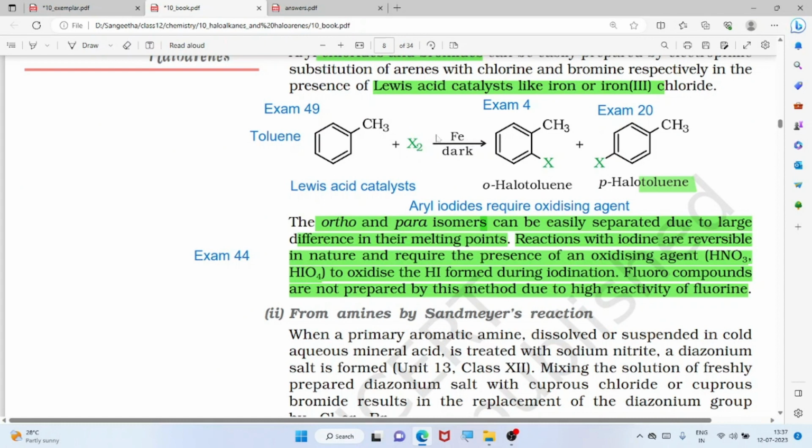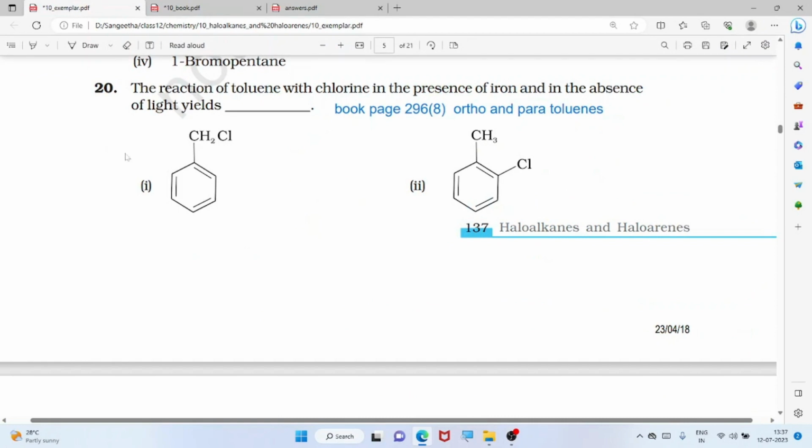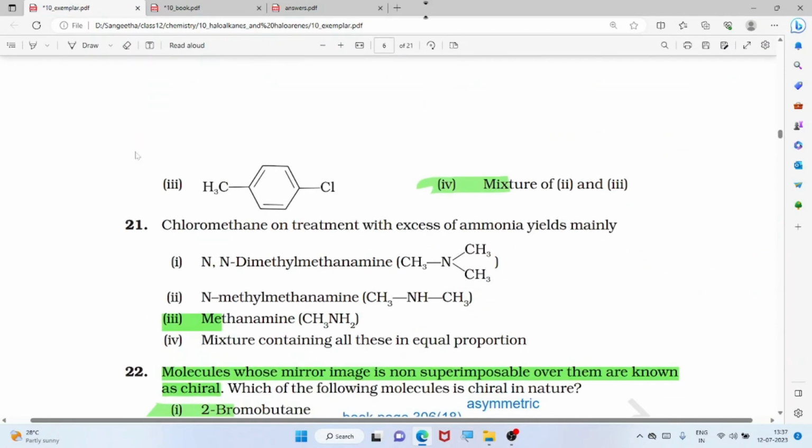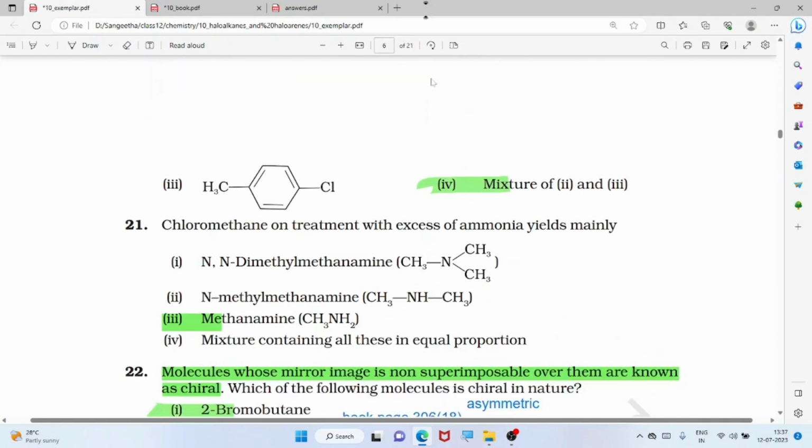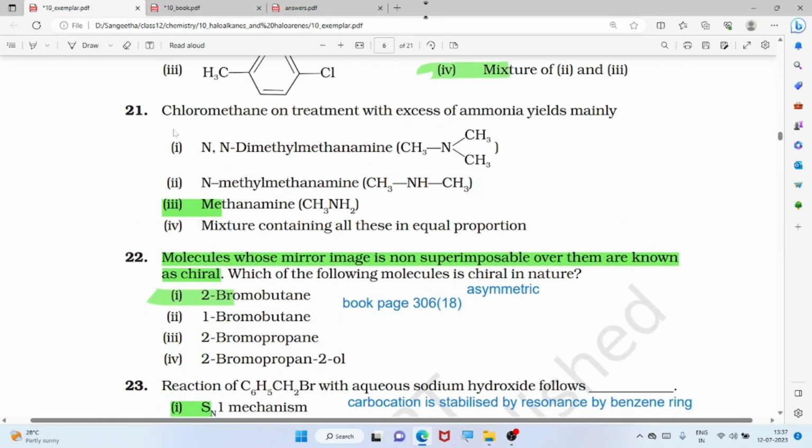Here, in the absence of light, we have ortho and para chlorotoluenes, a mixture of these two. Chloromethane on treatment with excess ammonia yields this one.